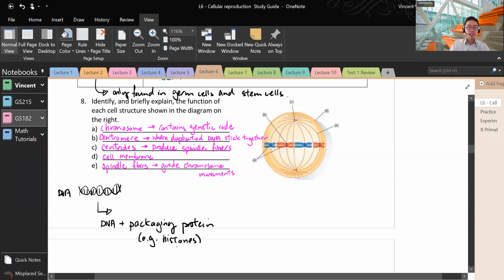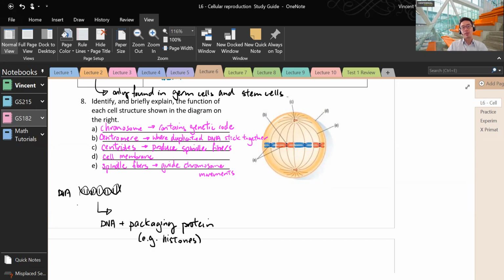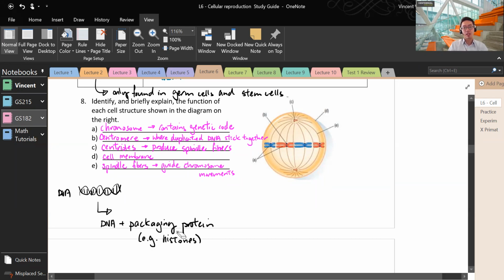Histones are positively charged, and that is perfect for binding DNA because the backbone of the DNA is made up of sugar and phosphate. Phosphate is PO4 3-. So the positively charged histone is attracted to the negatively charged backbone.